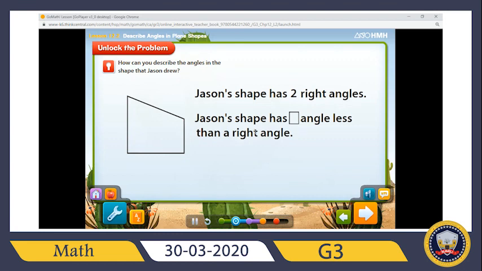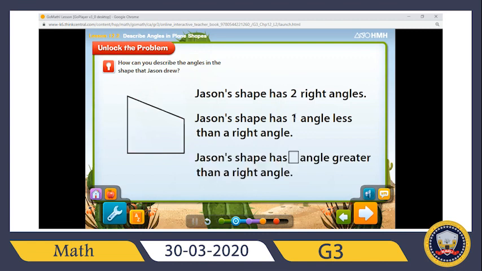It's asking how many angles in Jason's shape are less than a right angle. Remember, if it is a right angle, which one is less than a right angle? This one or this one? So this angle is less than a right angle, right? So in this situation, there is only one angle less than a right angle. What about in this shape?